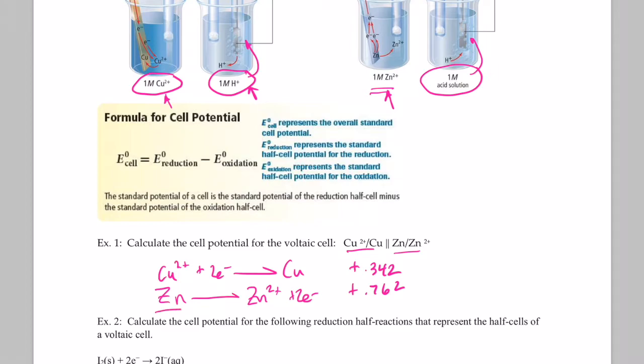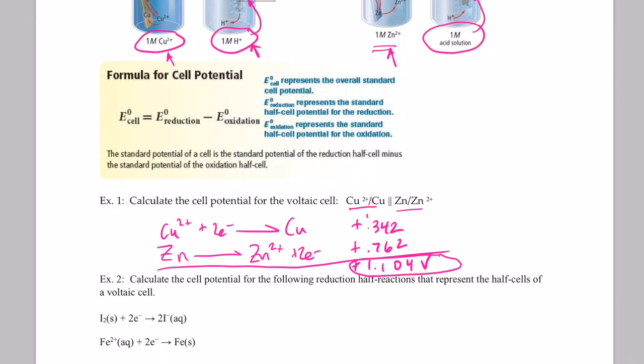So, if we add these reactions together, as we did earlier, we end up with a balanced redox equation. And it turns out if we add their oxidation and reduction potentials together, we get the overall potential for that cell. And so we end up with 1.104 volts. So it's a positive 1.104 volt battery.